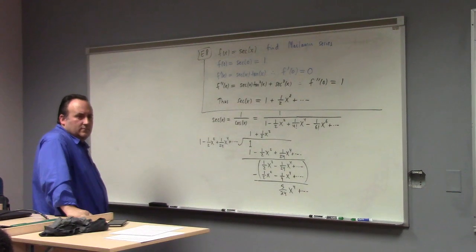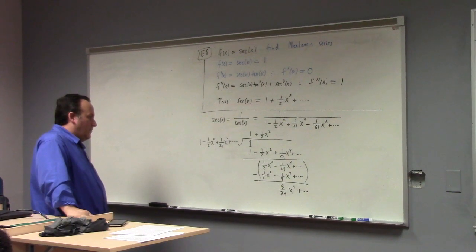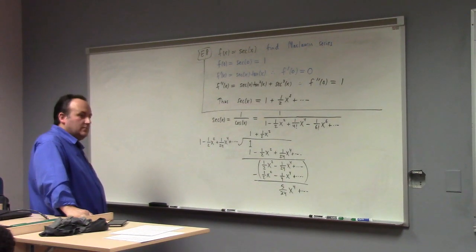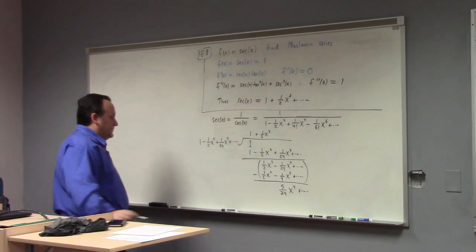Yeah. Where'd you get the 1/24? Oh, that's the third term in the Maclaurin series for cosine. 4 factorial is 24. Okay.